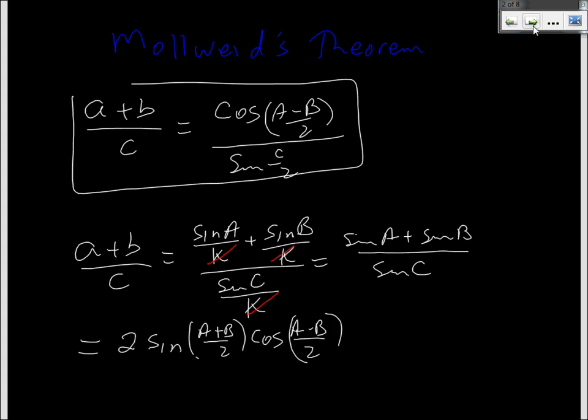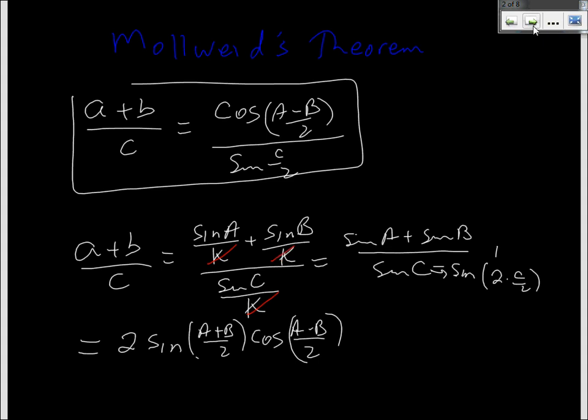Now, I'm going to think of C a little bit differently. I want to think of it as a double angle. So the sine of C is equal to the sine of 2 times C over 2.